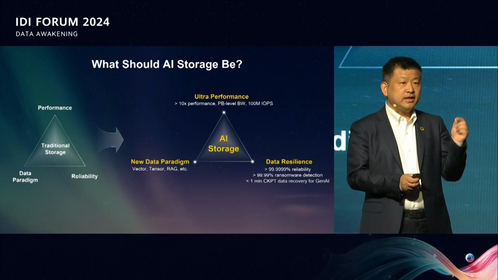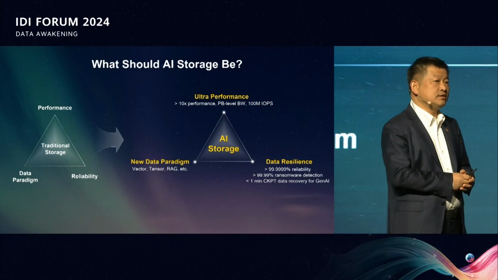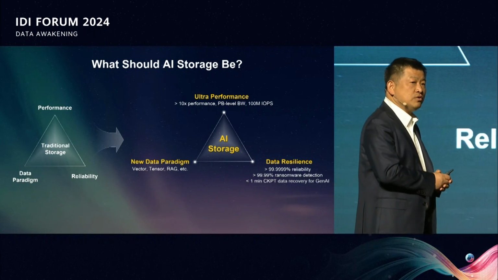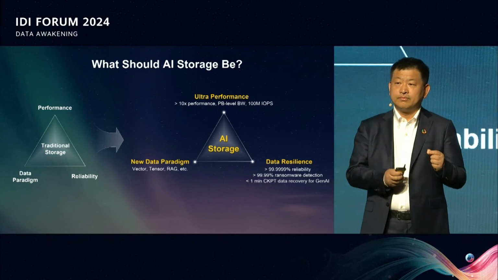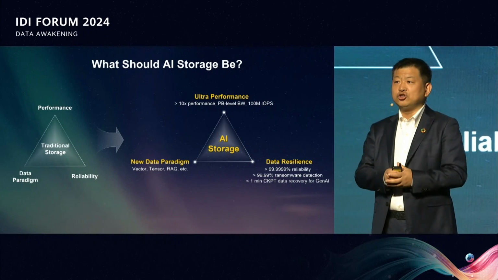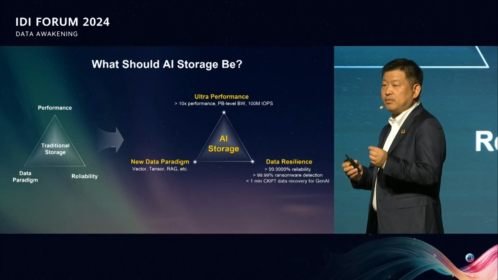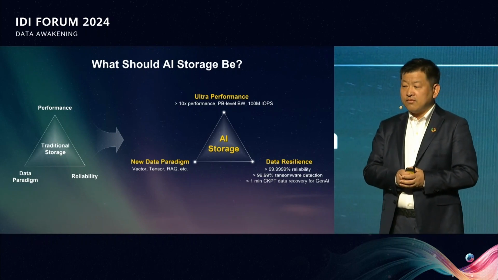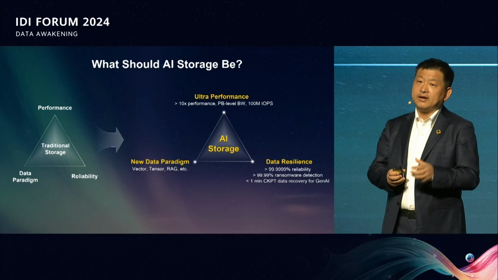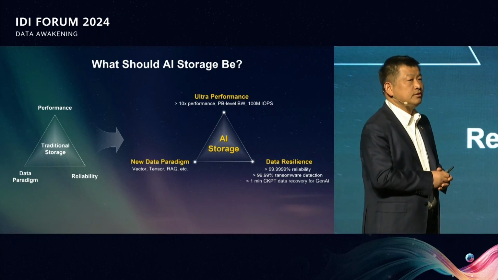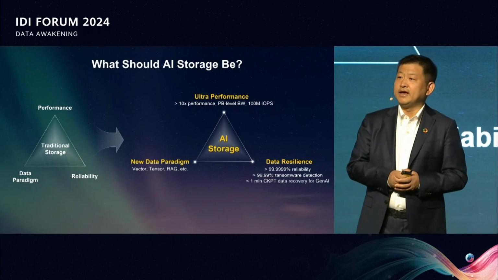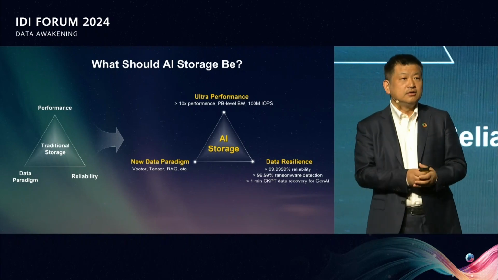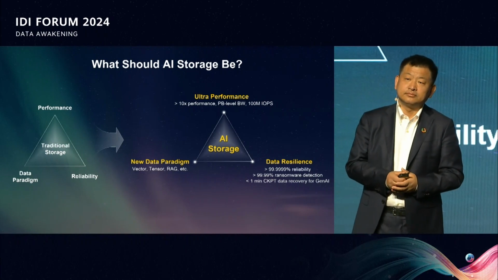And then data resilience, not just reliability. We also need ransomware prevention algorithms and capabilities embedded. And very important, new data paradigms need to be supported for generative AI. For example, vector. For example, tensor.